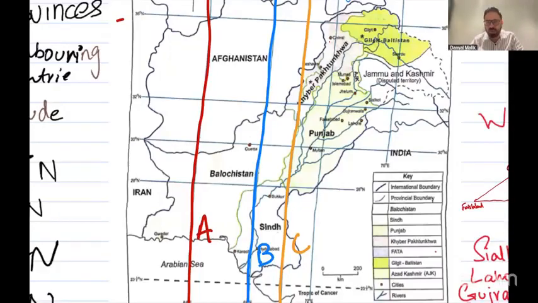Similarly, line B intersects between which two provinces? Balochistan and Sindh. So line B will be 68 degrees east.